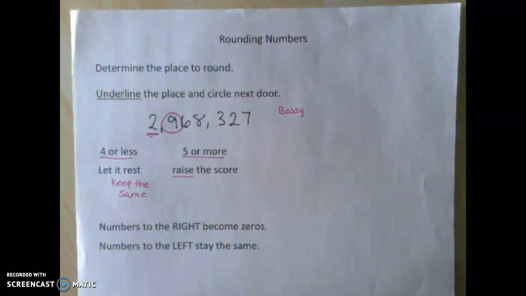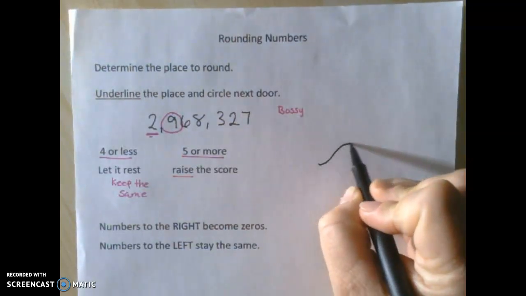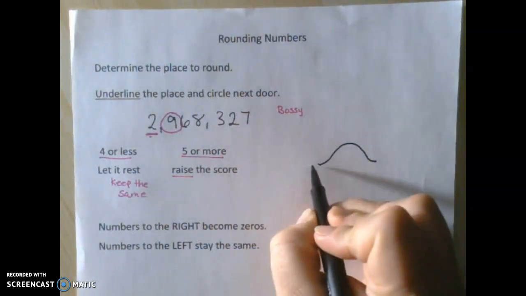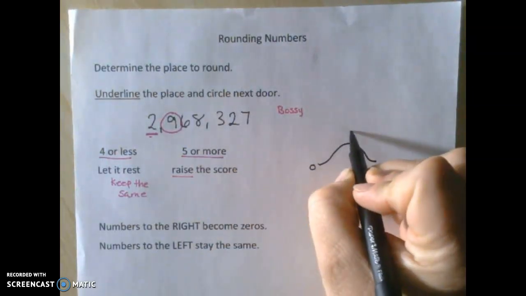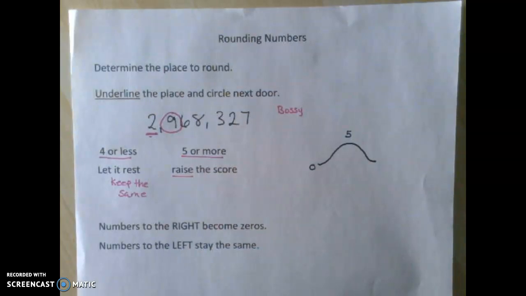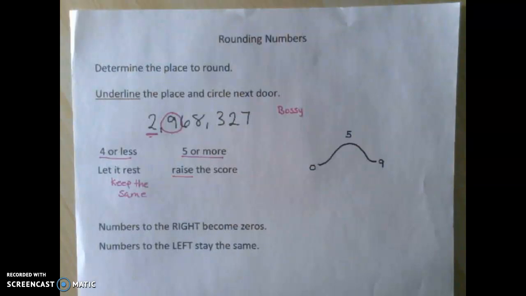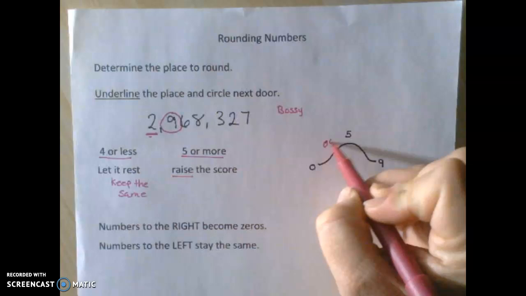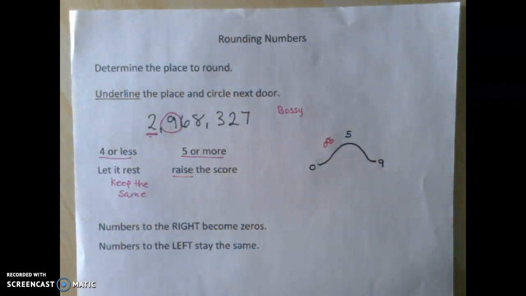One of the ways that we can think about this is riding a bike. If I rode a bike on a hill, this was my starting place, or 0. The very top of my hill would be the digit 5, and all the way down at the other end of the hill would be digit 9. If I were riding a bike and I only rode it to this point here, let me draw a little bike, and I stopped my bike and I picked up my feet off the ground, what would happen?